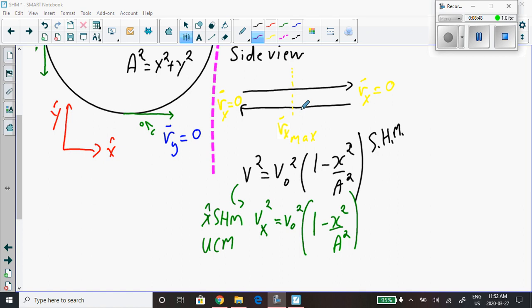What is amplitude? Remember, amplitude is how far it is at maximum from the rest position. That is an equation we had from simple harmonic motion.